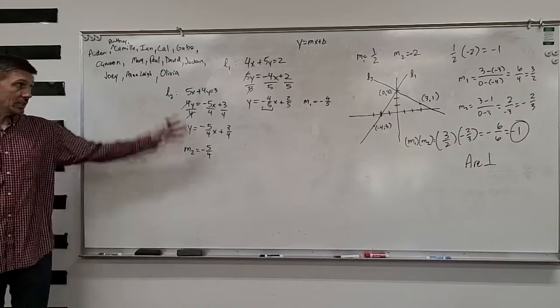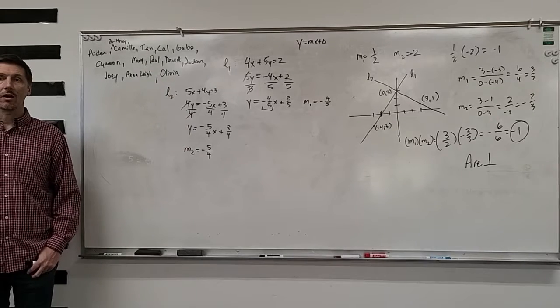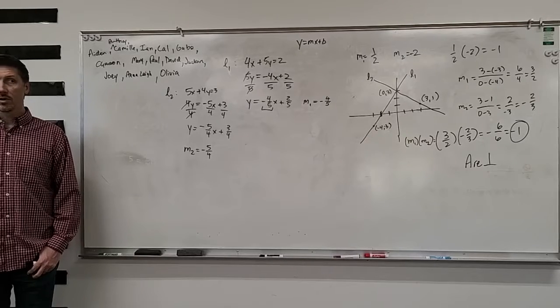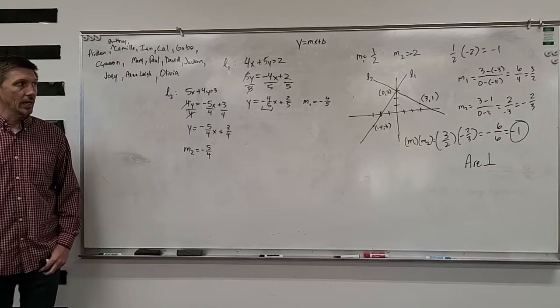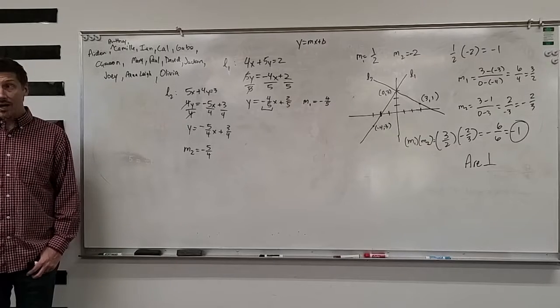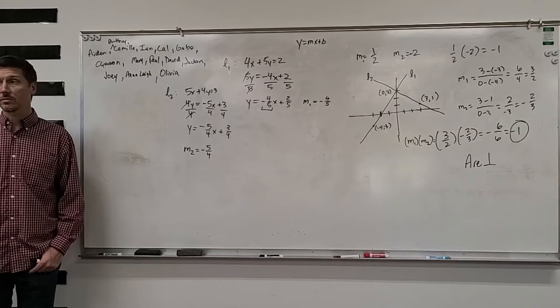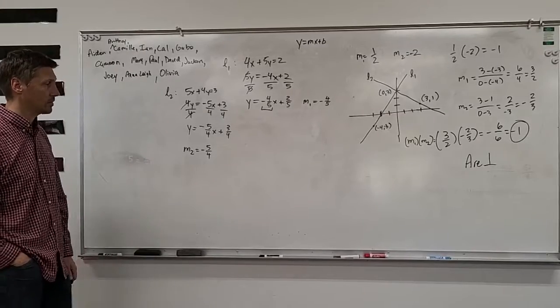So before I do any multiplication, just glancing at those two slopes, are these lines perpendicular? They are not. Because I said earlier, one slope's always going to have to be positive and the other slope's always going to have to be negative, because our answer has to be a negative number. Both of these end up having negative slopes.